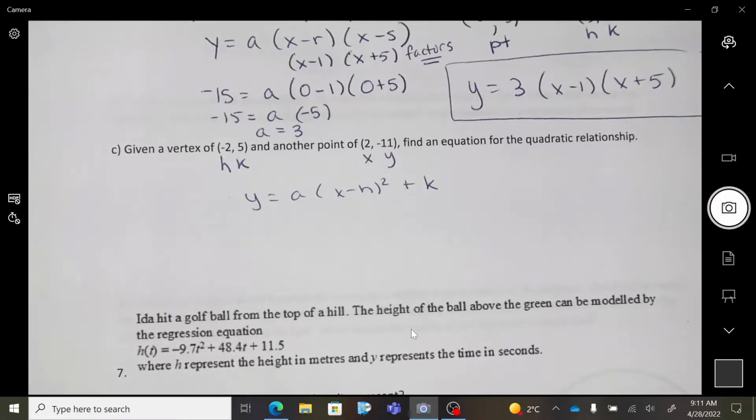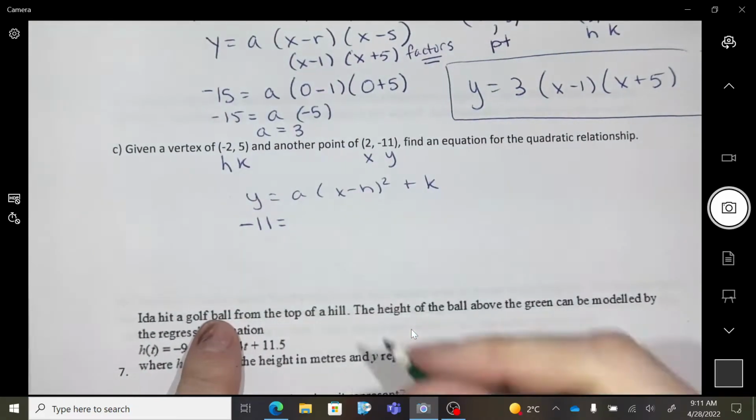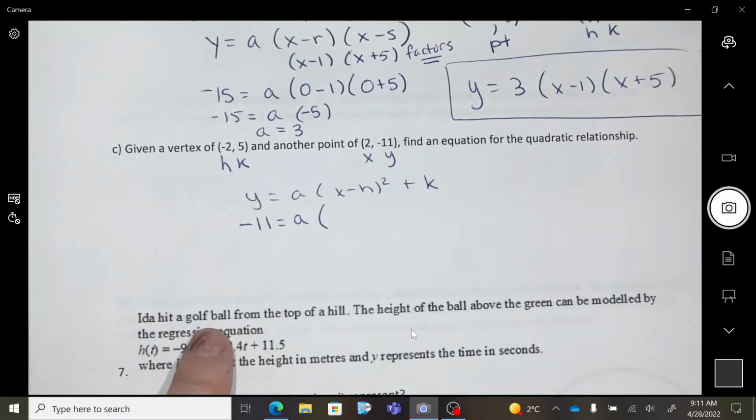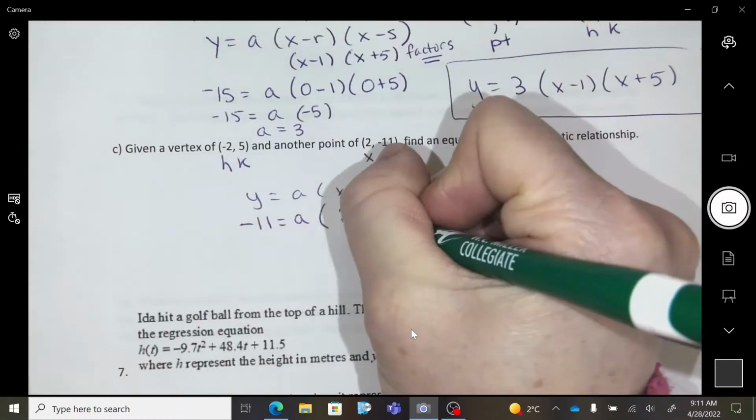So again, that's looking at my formula sheet. Okay, replacements. So y, I'm going to go -11. A is the thing I'm trying to figure out. X is 2.